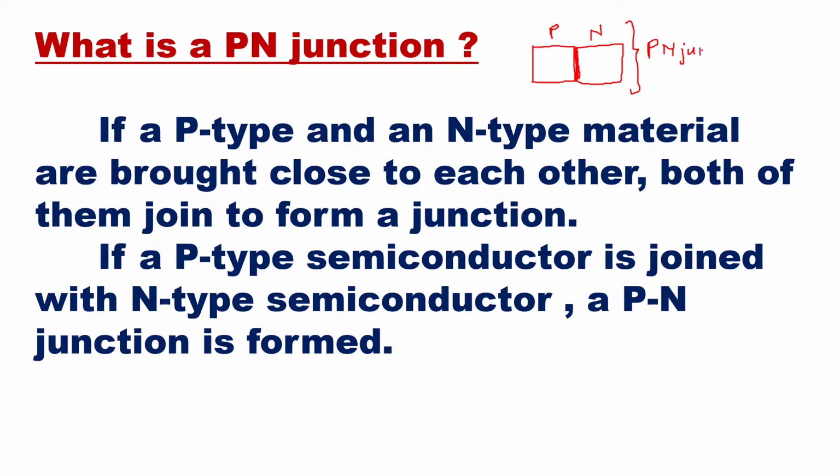Here is the actual junction we have shown. So if a p-type semiconductor is joined with an n-type semiconductor, a p-n junction is formed. This is a statement in simple language of what a p-n junction is.